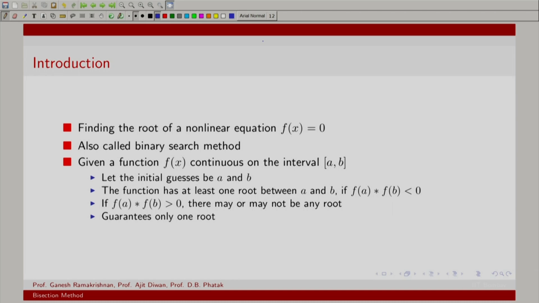For the linear equation f(x) equal to 0, the solution should be very straightforward. Basically, you are looking for the x coordinate corresponding to the y intercept of 0. So, it is very trivial. For linear equations, it is nothing but the intercept on x axis.